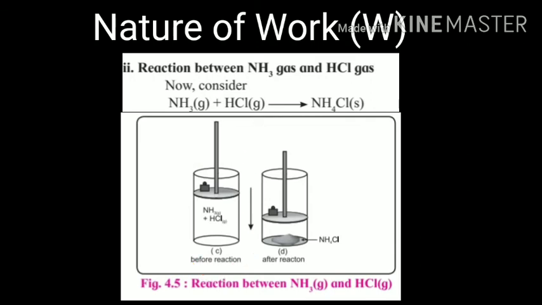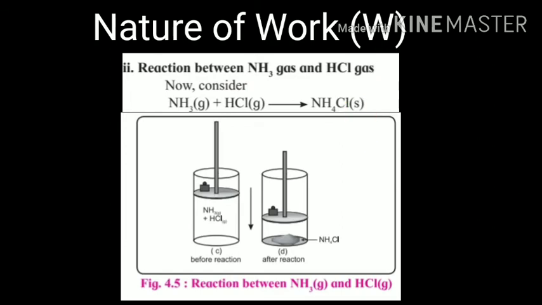So we have two gases in the cylinder along with the piston, and a mass is kept on the piston. But when the reaction takes place, both the reactants which were in gaseous state get converted into a solid state in the product.